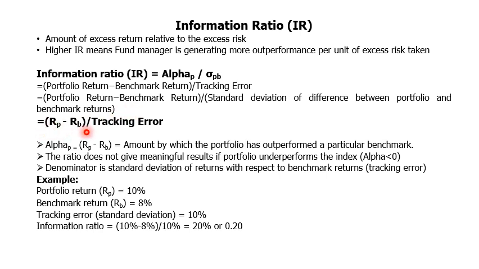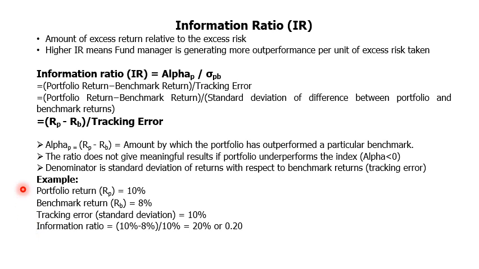Rp minus Rb divided by the tracking error. The alpha P here is the amount by which the portfolio has outperformed a particular benchmark. The alpha must be positive for this ratio to work.